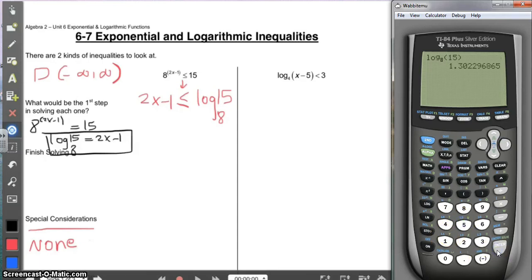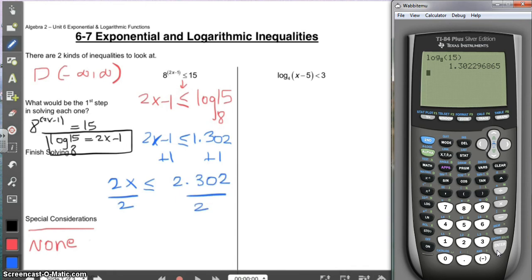Okay, so 2x minus 1 is smaller or equal to 1 point, always rounded to the third decimal number, and then you add 1 to both sides. You get 2x smaller or equal to 2.302. You divide both sides by 2, so x is going to be smaller or equal to 1.51, and that's going to be my solution.